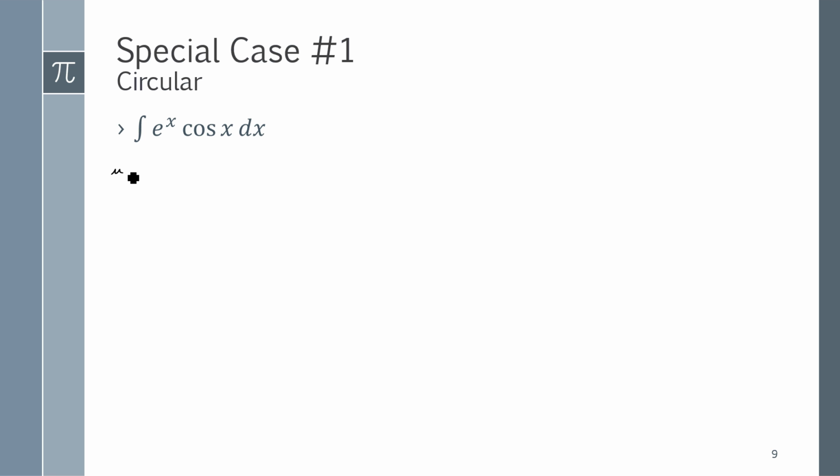So I'm going to say that u is equal to e to the x, and dv is the cosine x dx. So du dx equals e to the x, du equals e to the x dx. And then with my dv, integrate it, so I get that v is equal to sine of x.